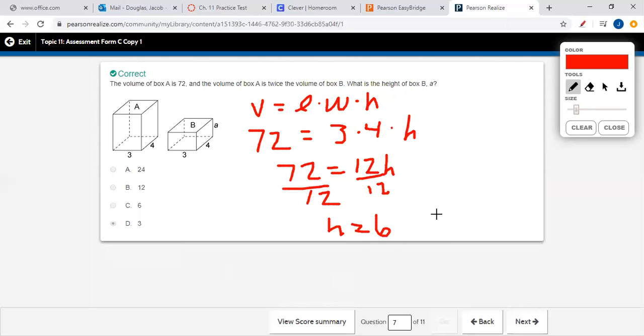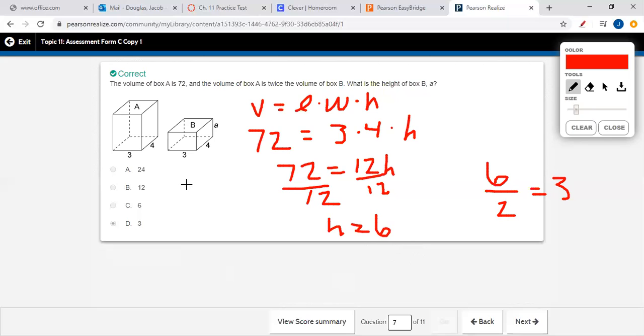So within this one, the height for box A is going to be 6. 3 times 4 times 6 is where I got 72. But the problem says that box A's volume is twice the volume of box B. So if I take 6 and divide it by 2, that should give me the height of box B, which just so happens to be 3.